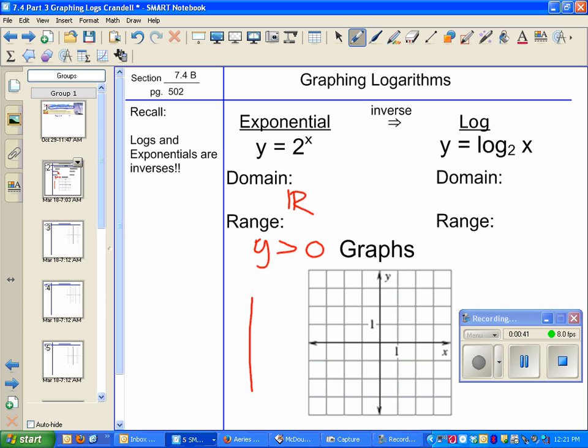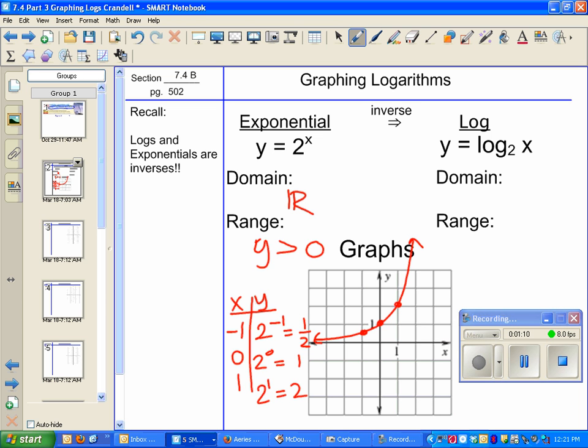So when I graph this, again, we can graph -1, 0, and 1. 0 and 1 are the key ones, but 2 to the -1 power, I'm going to flip that and get 1/2. 2 to the 0, anything to the 0 power is 1, and 2 to the first is 2. Okay, so when I graph that, I have -1, 1/2, 0, 1, 1, 2. All right, so I get this line.